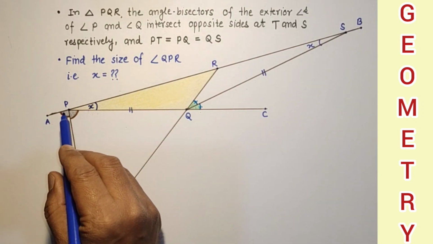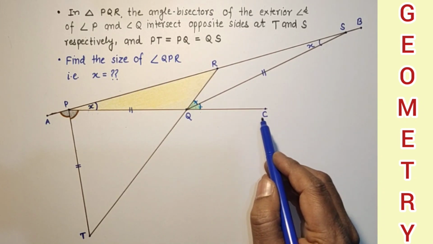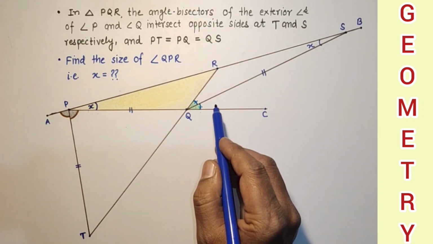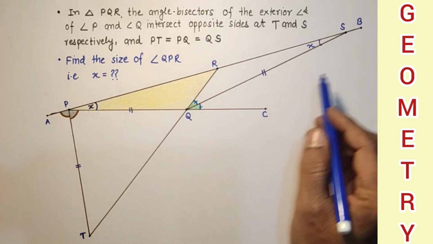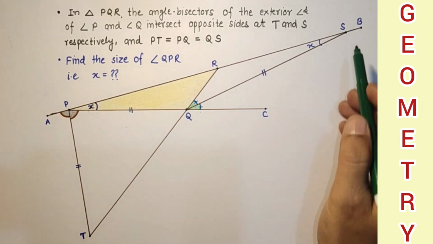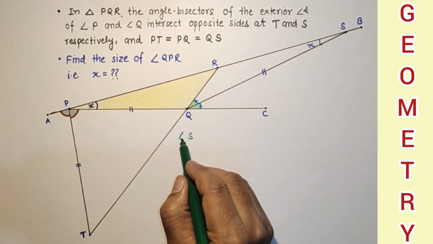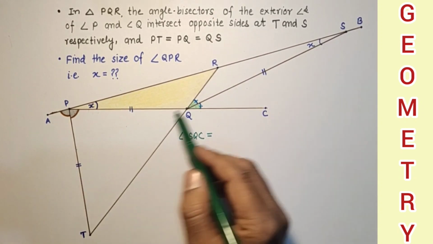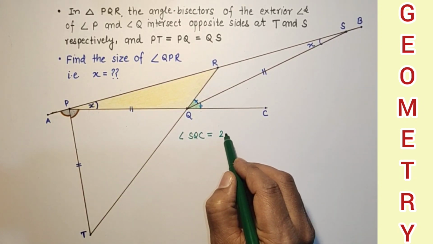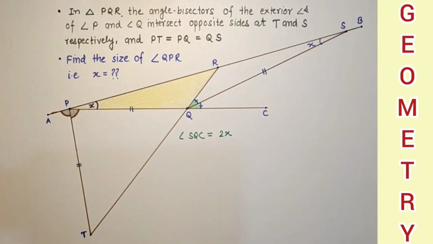Now for triangle PQS, this SQC is exterior angle and will be equal to sum of the two remote interior angles. So we can say that this angle SQC is equal to this angle plus this angle which is equal to 2x, sum of these two by exterior angle property.